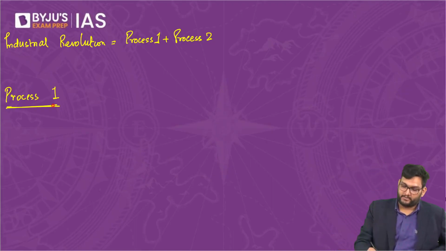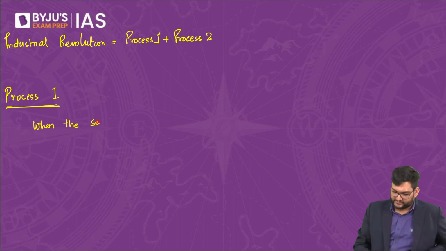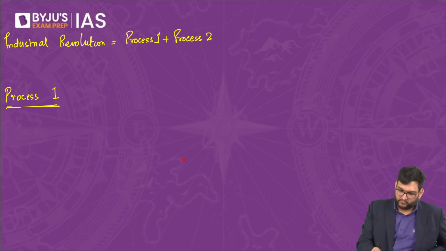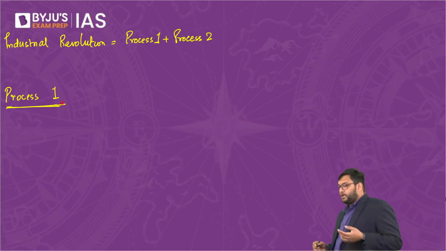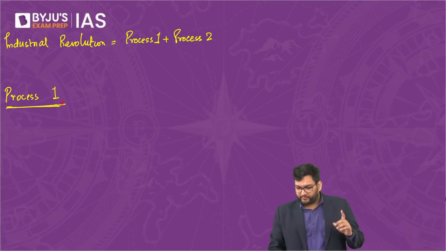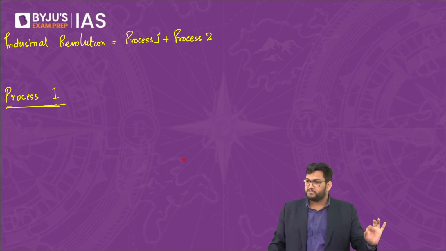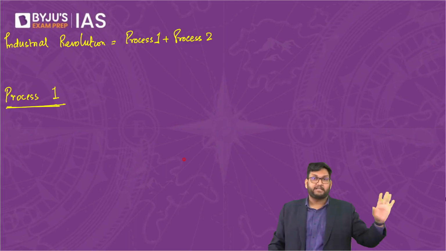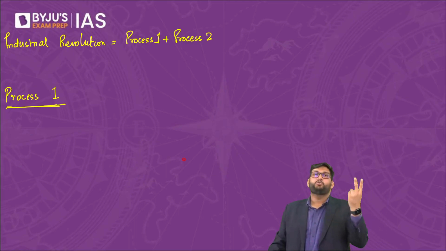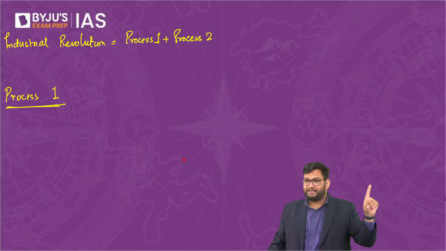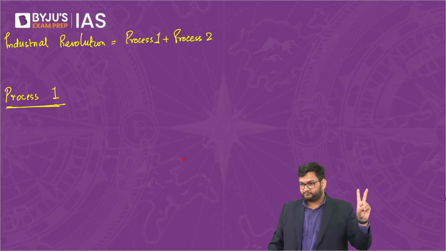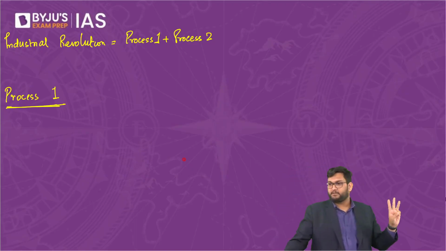Process 1 is, now please pay attention, before I say this, because all of you are already economists in your own right, I have to say this to you. First things first, when I'm talking about the Industrial Revolution, which is 18th century, 1700s, there are only 2 sectors which exist: primary and secondary. There's no tertiary sector.